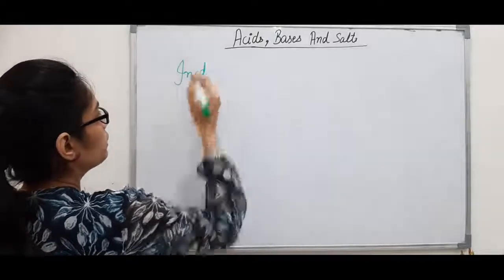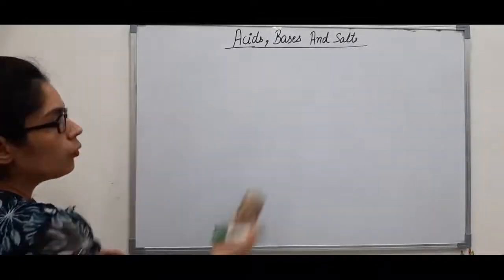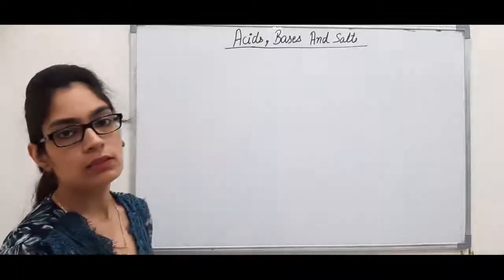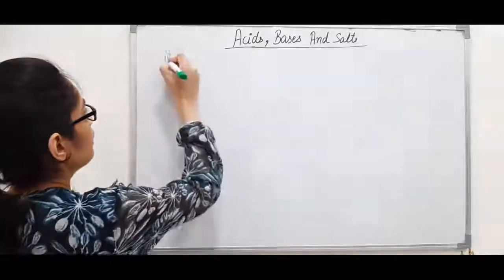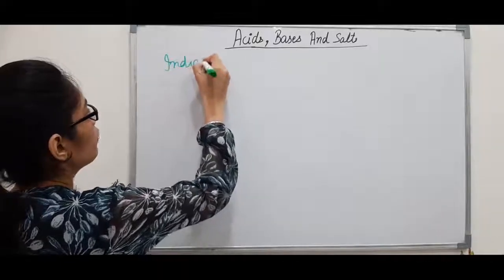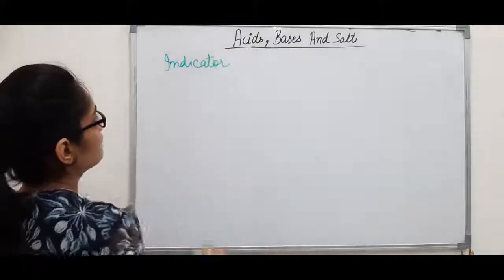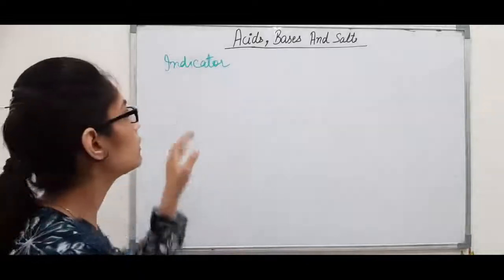So indicators mean which will indicate the presence. The word itself is suggesting it: it indicates the presence of a base or acid. So now we are checking for base.